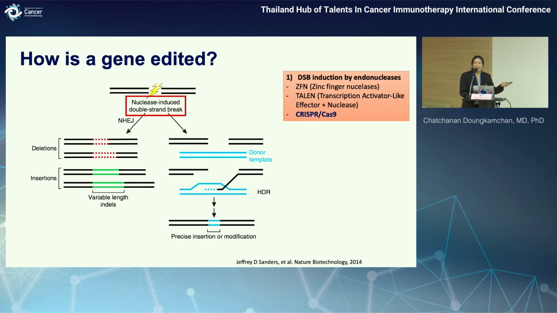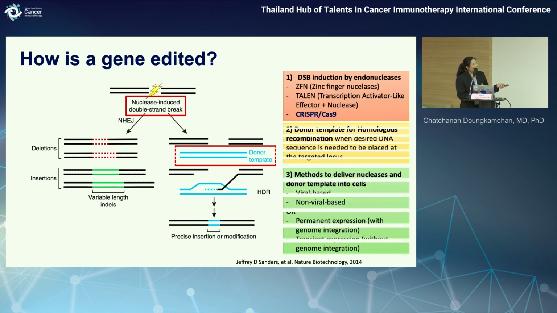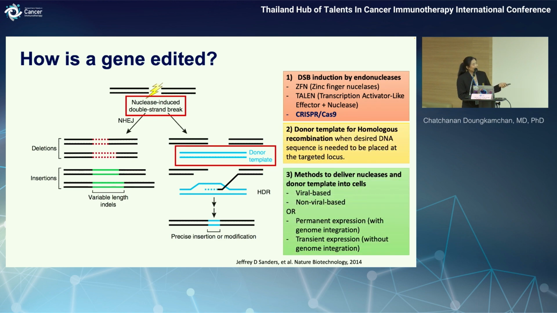So please keep in mind, for the students, that the CRISPR-Cas9 is only there to induce the break, and whatever follows is up to how you design your experiment. And if you want a specific sequence to be incorporated into your genome, you can also provide the cells with the donor template for homologous recombination.